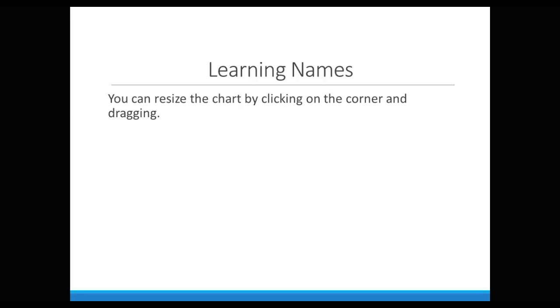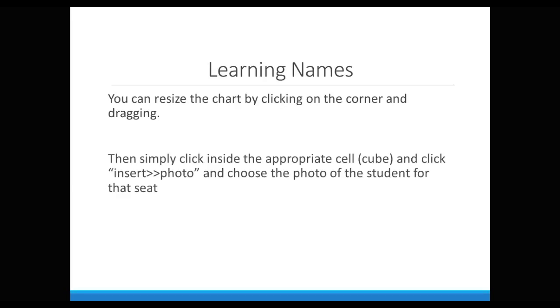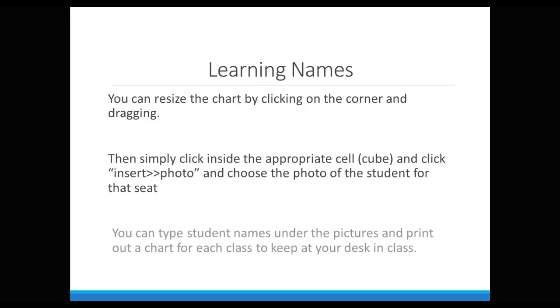You can resize the whole chart by clicking on the corner and dragging it, and then all you have to do is click on the appropriate cell, the little cube, and choose the photo from your computer that student is in that seat in your class, in this little cube diagram. So you can type the names under the pictures, and so you have a good little chart, and you can look at them. Of course, they have to sit in the same place again, but it works very well.